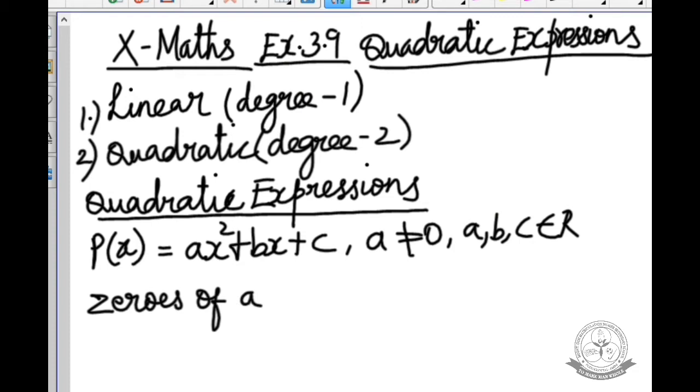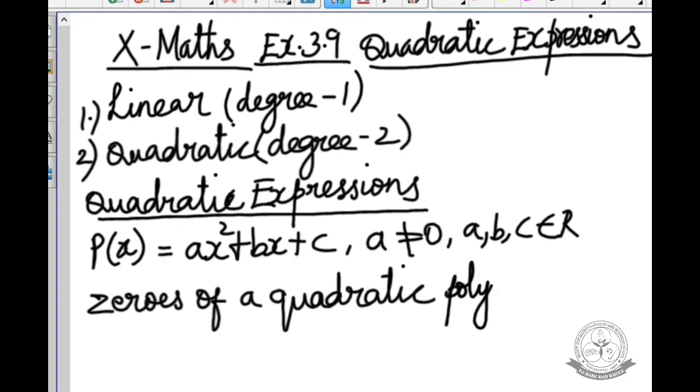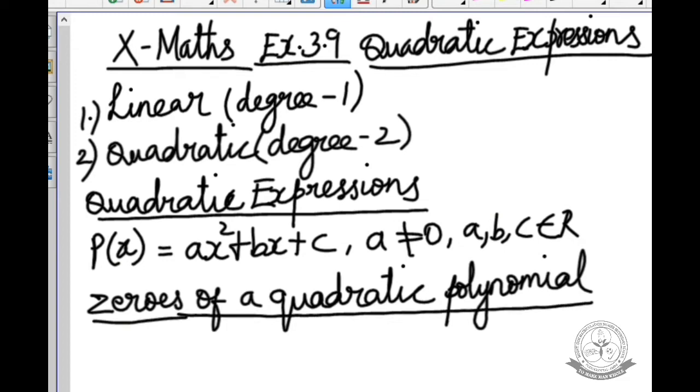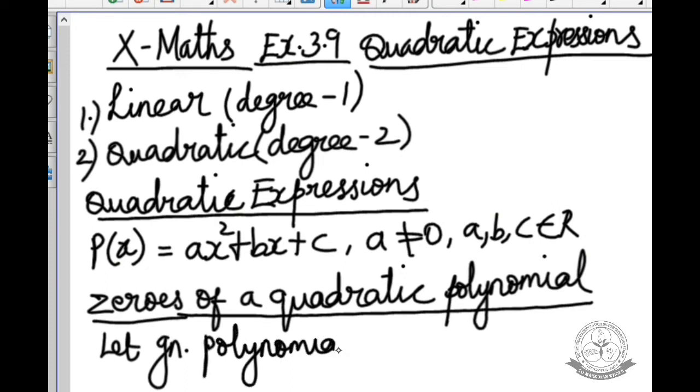Zeros of a quadratic. We can say it as quadratic expression or quadratic polynomial. Zeros of a quadratic polynomial. Suppose one polynomial is given; let the given polynomial be p of x, a quadratic polynomial.